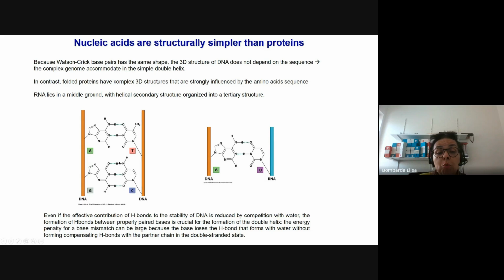Cytosine would like to form 3. It has groups enough to form 3, but since it doesn't have the complementary group in the adenine, then this third hydrogen bond cannot form, and so it can affect the stability. That is practically what a mismatch is.